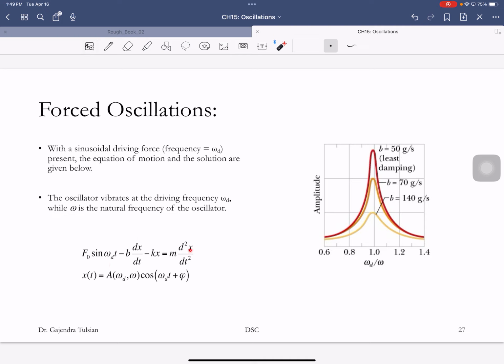You can solve this, and here's the solution you get. The amplitude is a function of the driving frequency and the natural frequency of oscillation. And the system oscillates at the driver frequency. So if the natural frequency is, let's say, 50 hertz, but you're driving at 70 hertz, the system is oscillating at 70 hertz.